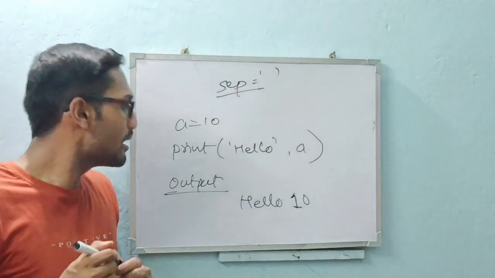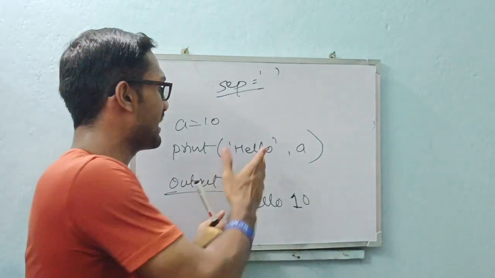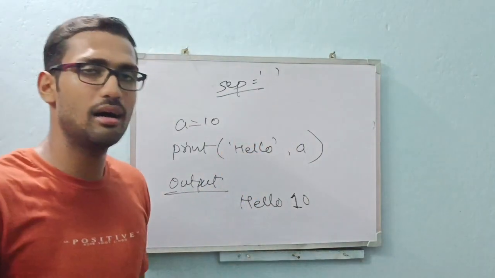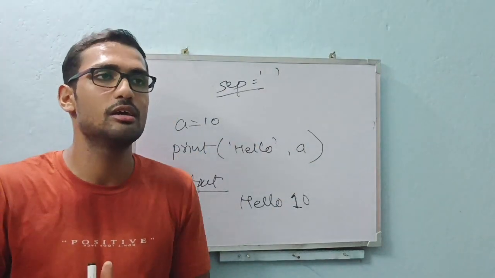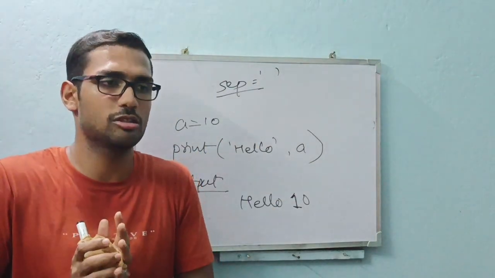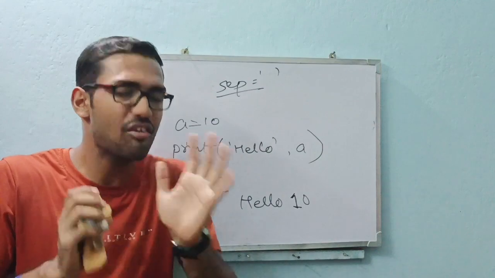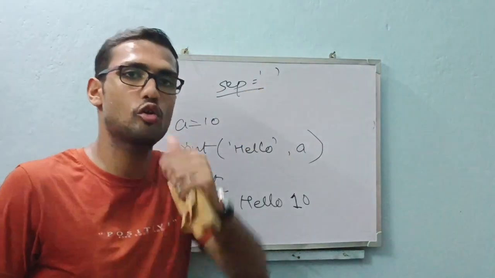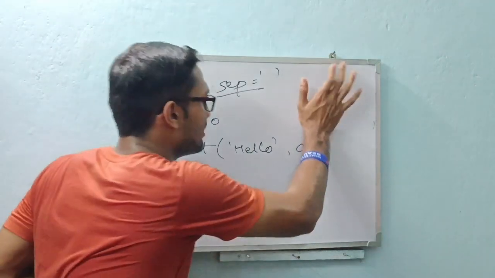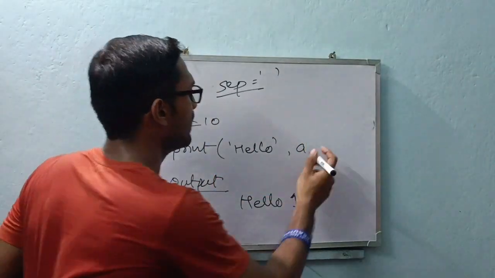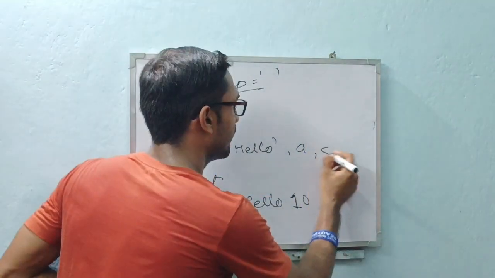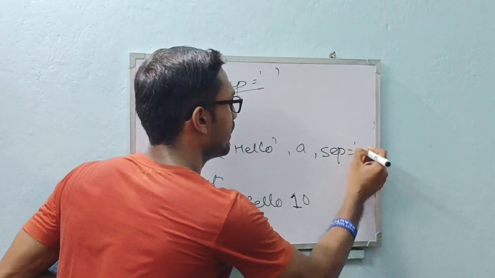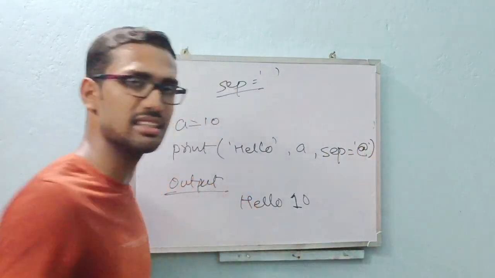Clear? Now suppose I want to separate the first parameter from the second parameter using the special character @. If I want to do so, then I need to change the default value of sep to @. And how will I do that? I will simply add this keyword argument at the end, writing sep equals to @ within quotes. Guys, it's very important.